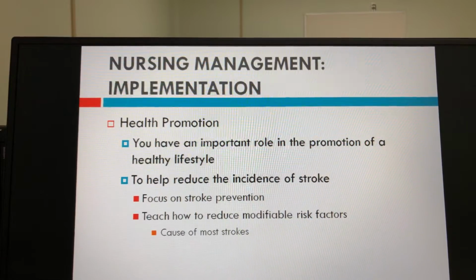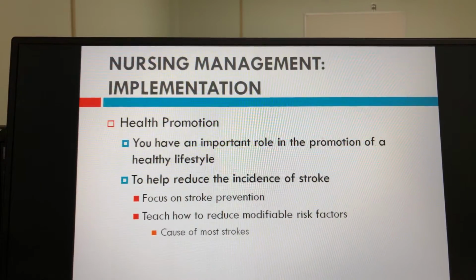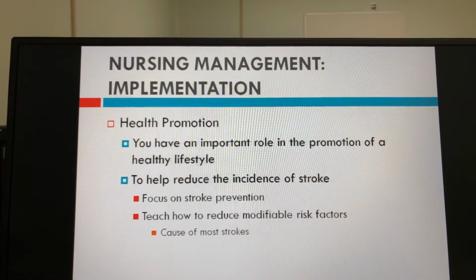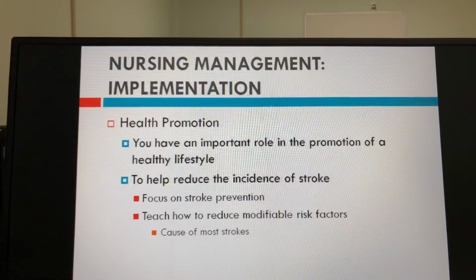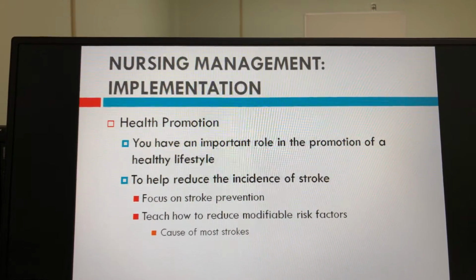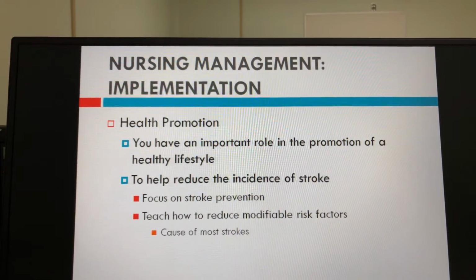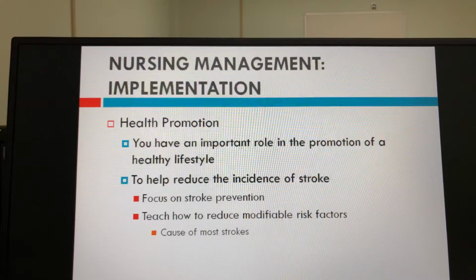Some additional things that should be reported: if that person has trouble seeing in one or both eyes, sudden trouble walking, dizziness, loss of balance or coordination, and if they suddenly have a severe headache with no known cause.